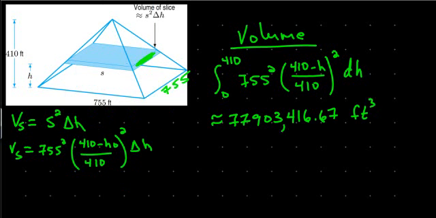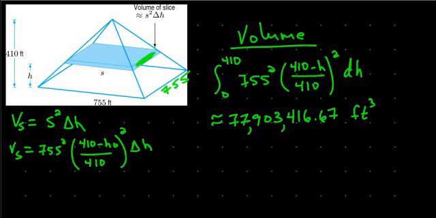Okay, so that's going to be 77,903,416 cubic feet. And if I'm looking here at your book, they're saying that it is about 78 million cubic feet. So I think we got the right answer.